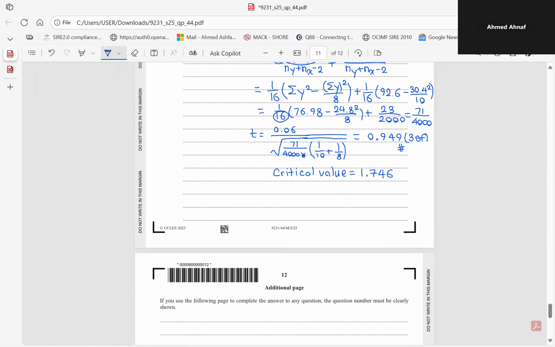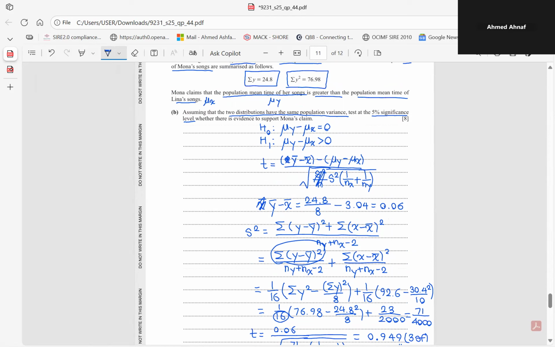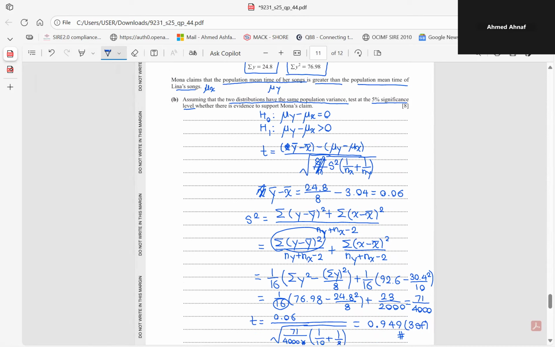1.746. Okay, so you can see clearly that since our test statistic, 0.949, is less than 1.746, we do not reject our null hypothesis. So do not reject H naught. So there is a chance for H naught to be correct. It is possible that there's no difference, that the population mean for Mona's songs is equal to that of Lina's songs.